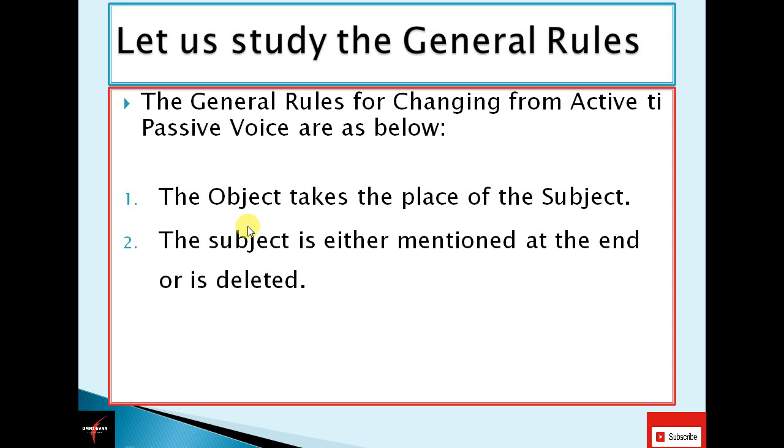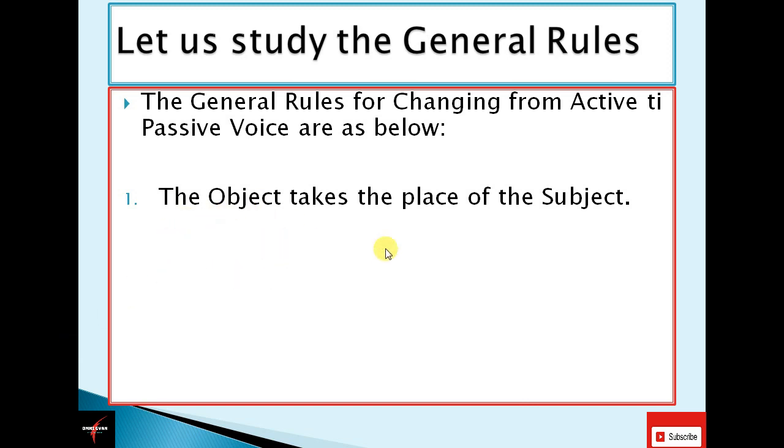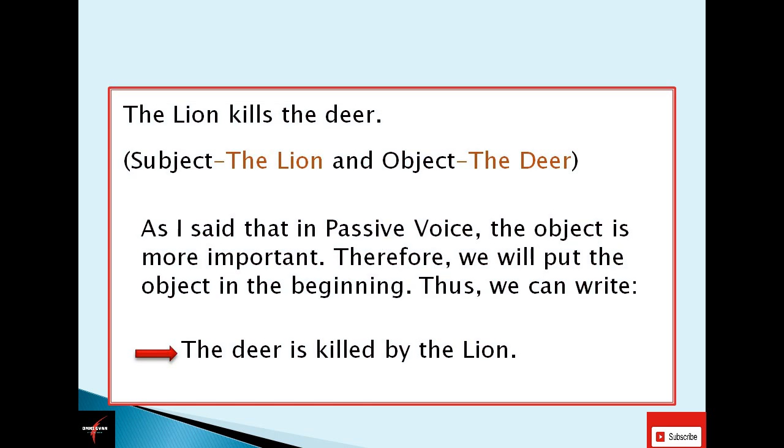For now, just remember that the subject is generally put at the end. I'll move to the previous slide. Here you see, the subject, the lion, comes at the end. So the general rule is that the subject generally goes at the end and the object comes in the beginning when you change a sentence from active to passive.